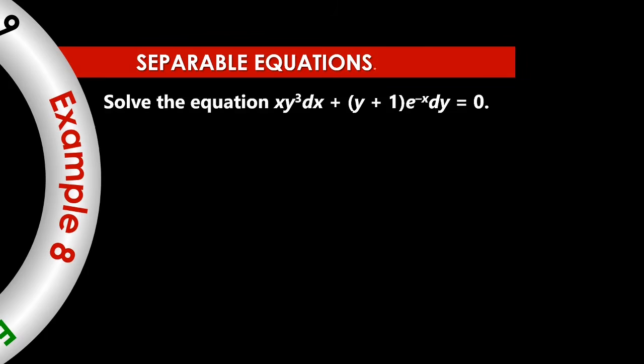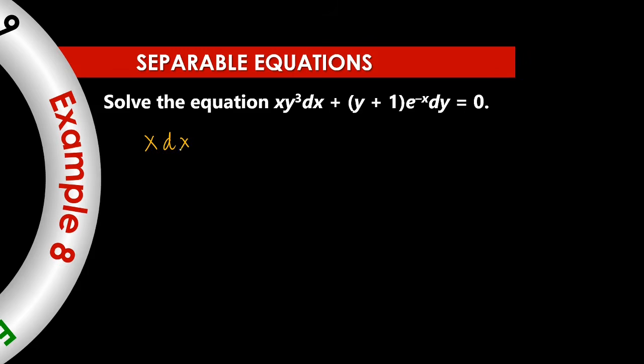Solve the equation xy cubed dx plus the quantity y plus 1 times e raised to negative x dy equals 0. So let us inspect the given differential equation. Can we separate x and y here? Yes. I divide both sides of the equation by y cubed, and I divide both sides by e raised to negative x.